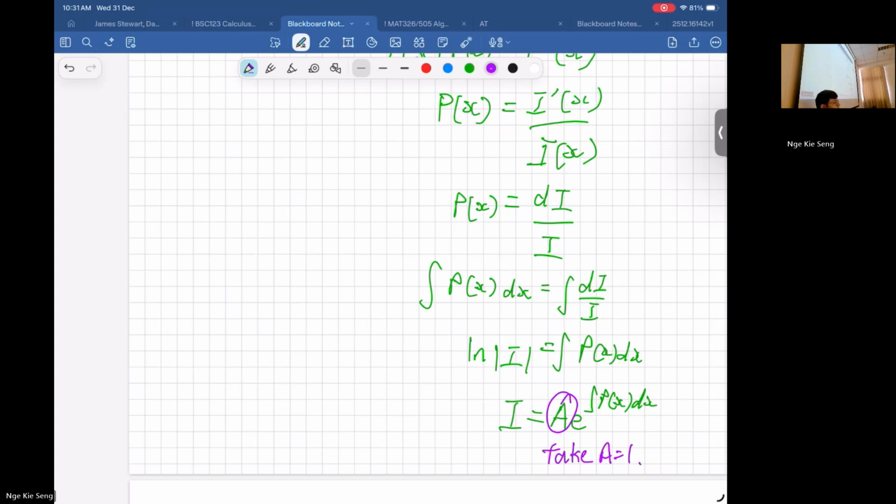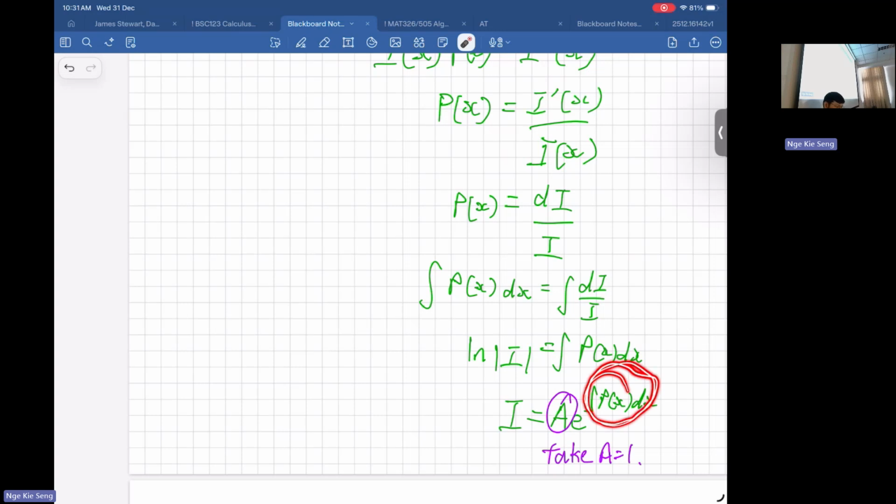Okay, does it make sense? So actually we proved that this I here will always work as long as your P(x) is integrable. As long as you can find the integral of P(x), then this I will always work.